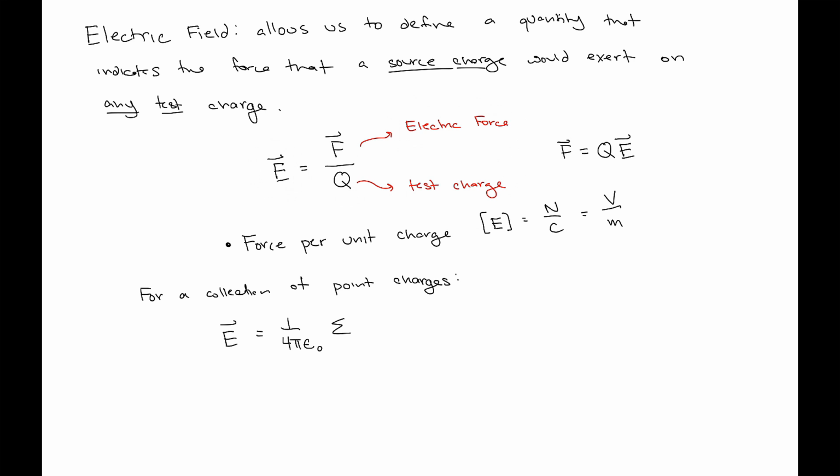Okay, we're going to sum over all of our source charges. Q sub i is the charge of each of our source charges. Our fancy R here is the distance from the point that we're trying to measure the electric field to each source charge. Okay, and r hat sub i is our unit vector in the direction of that separation vector for each of the source charges.